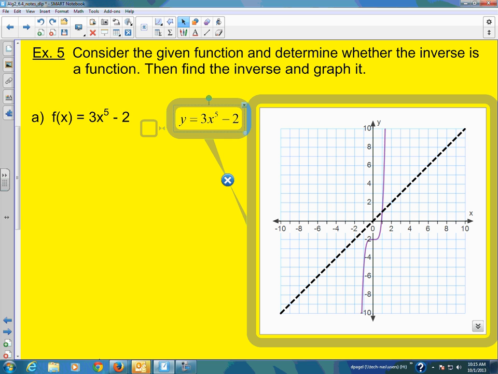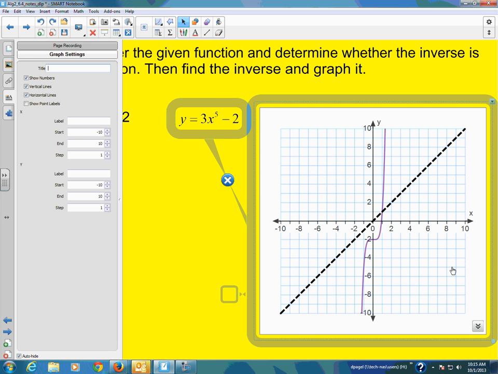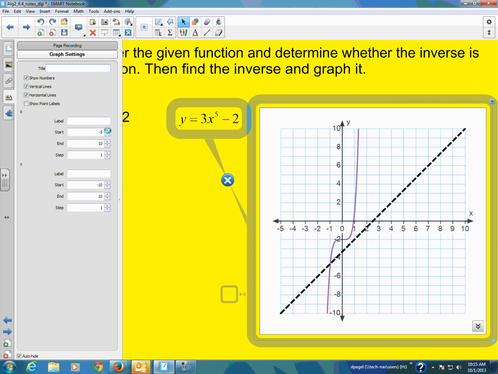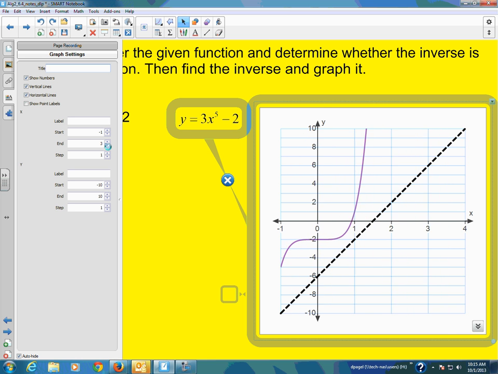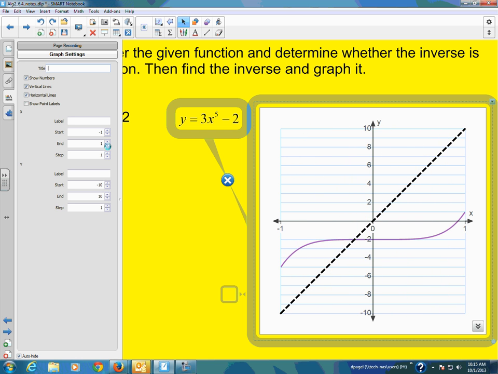I'm going to change my properties on this, and we're going to look at x values between negative 1 and positive 1. And then I'm going to adjust my y values.